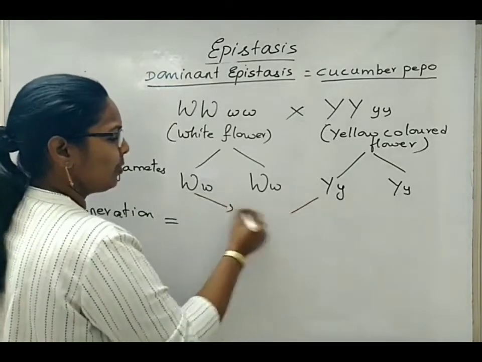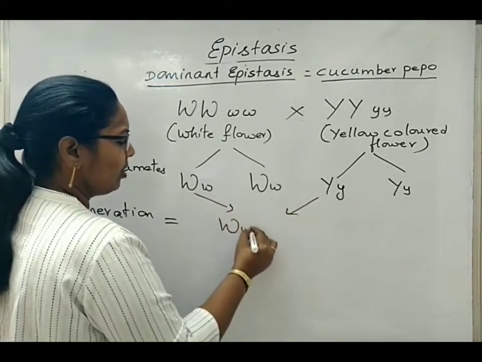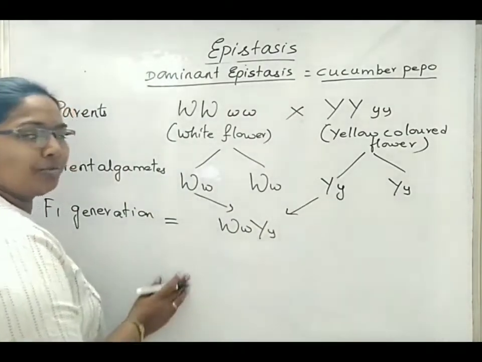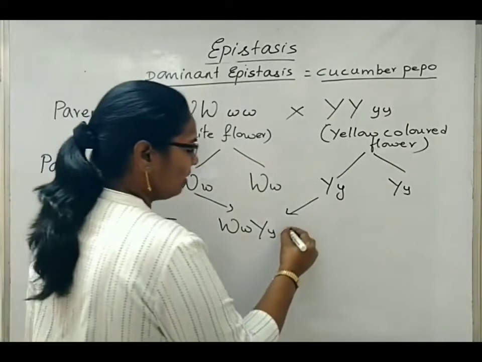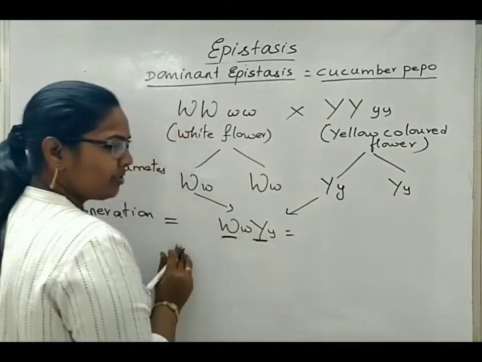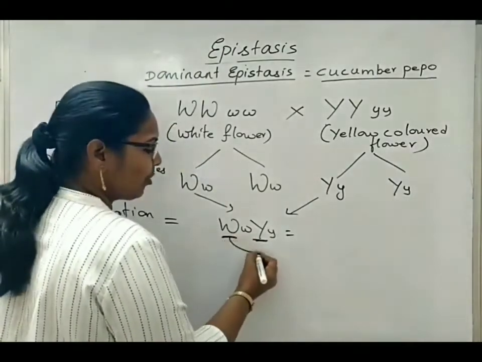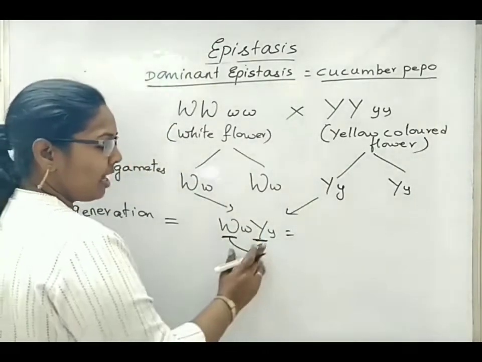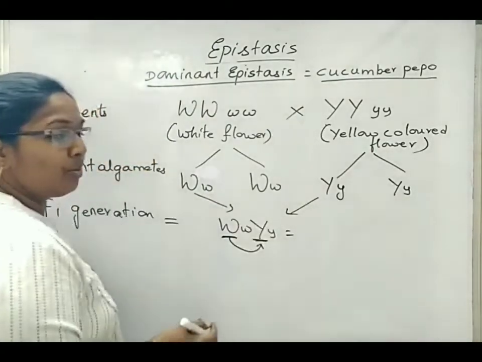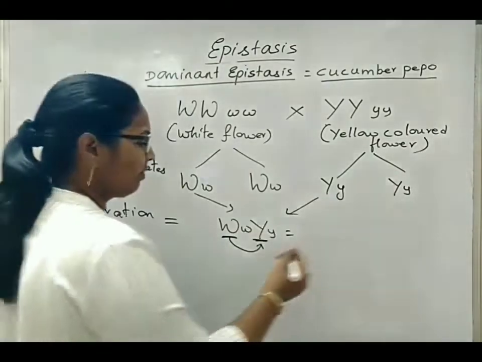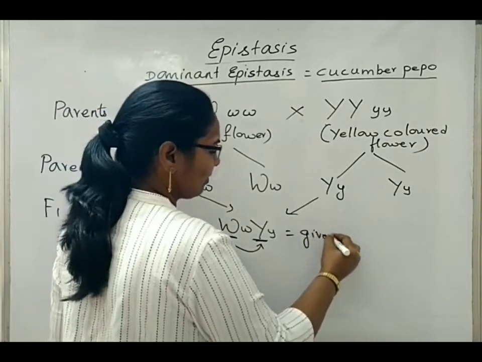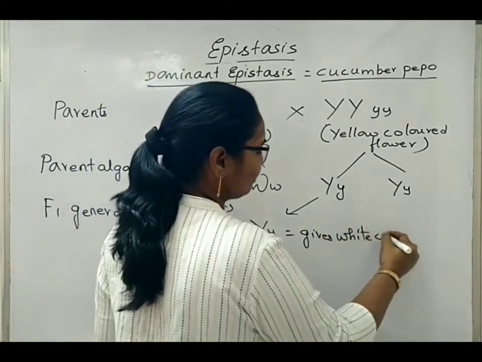If these both are fused, then we get one offspring like this, which is having different types of allele mixtures. Since here one dominant allele form is there, another dominant allele form is there, this dominant form tries to suppress the other dominant form of another pair, the allele on another chromosome of the homologous chromosomes. Now, this is showing white color flower.